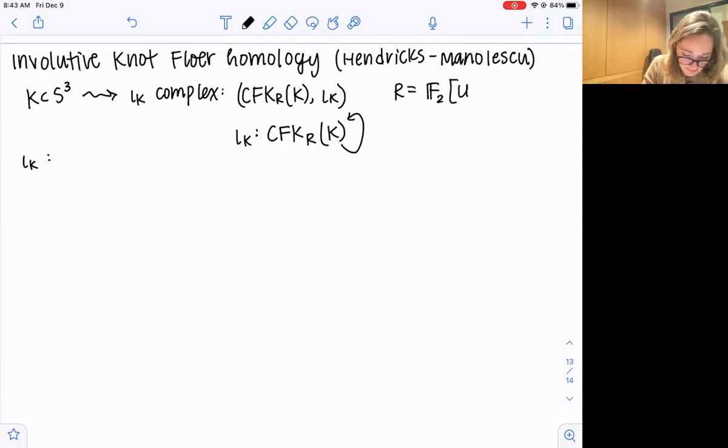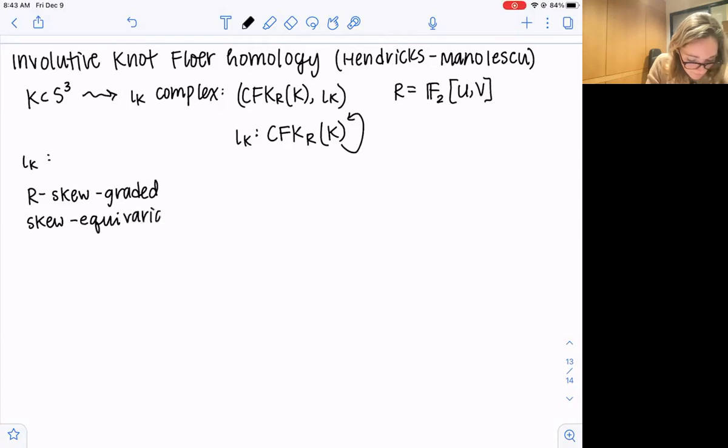We're still over this polynomial ring. This map is skew graded with respect to this ring. It is a skew equivariant map also. It's a chain map, which is perhaps obvious from its construction, but I'll just remind us what being a chain map implies.